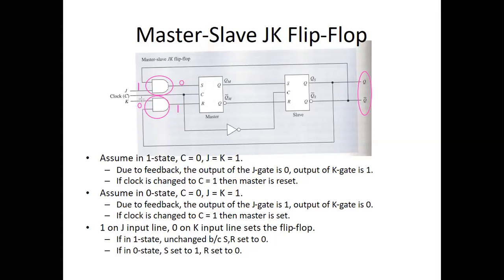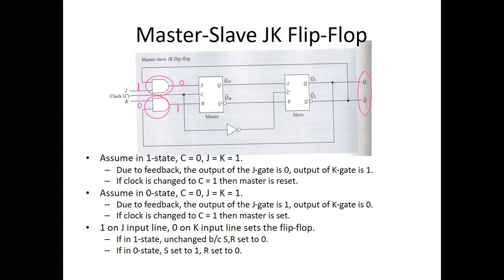But at this state, if the clock is changed to 1, because initially I have taken J is equal to 1, K is equal to 1, and assuming that this flip-flop is in one state.